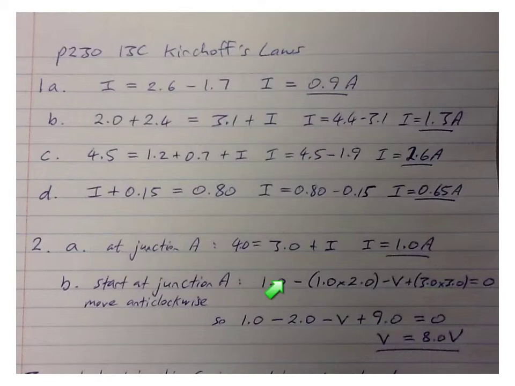Now all those will sum, that's the entire thing, because after that there's nothing. We go back to point A. That must all equal 0. Okay, that's the voltage law applied. Simplifying that down, 1 minus 2 minus V plus 9 equals 0. Rearranging and solving for V, you get 8 volts.